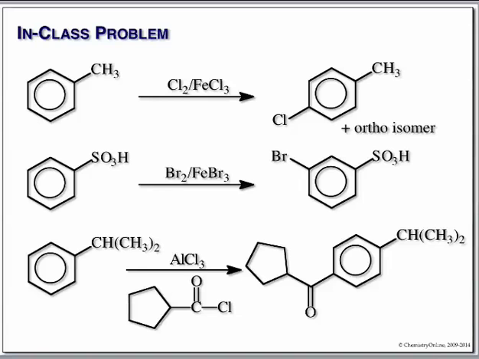The electrophile is. Therefore, if we have electron donating groups on our ring, we're going to go ortho and para to those, and that's where the electrons are by resonance. If we have electron withdrawing groups on our ring, the only place we have to put something is going to be meta, because we have depleted the electron density ortho and para. Any questions?